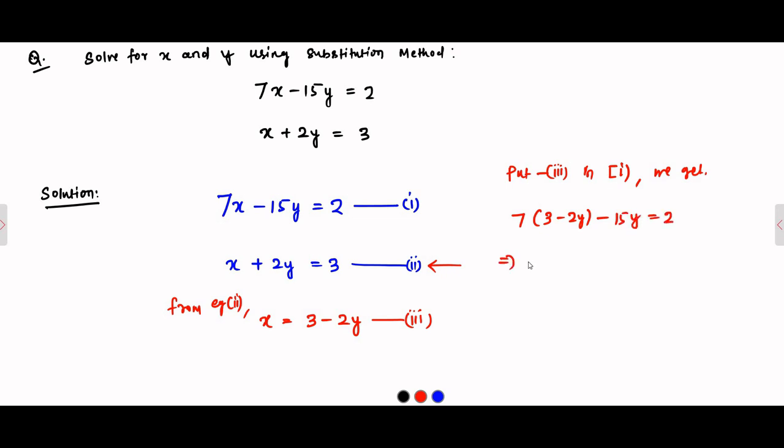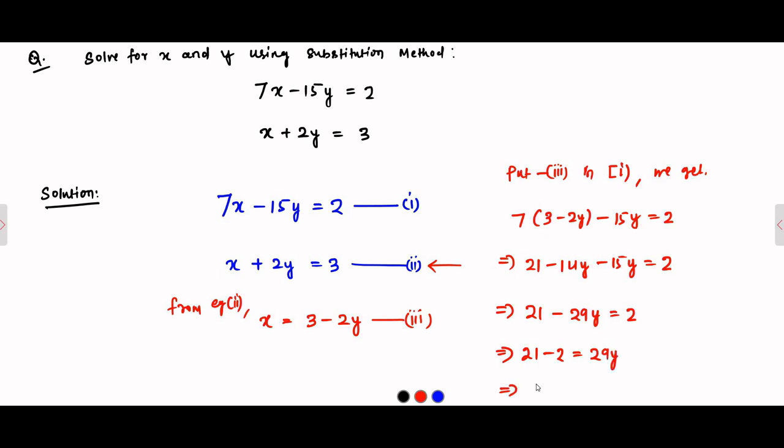That implies 21 minus 14y minus 15y is equal to 2, that implies 21 minus 29y is equal to 2. Now we'll take minus 29y to the other side, RHS will become plus, and 2 to the LHS will become minus. So 21 minus 2 is equal to 29y.